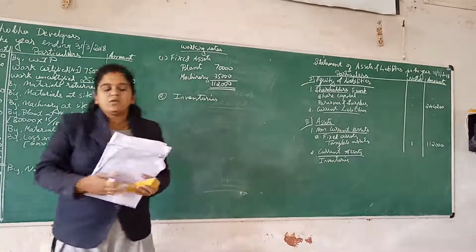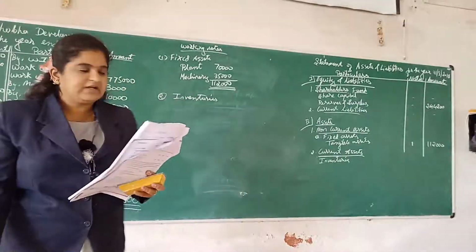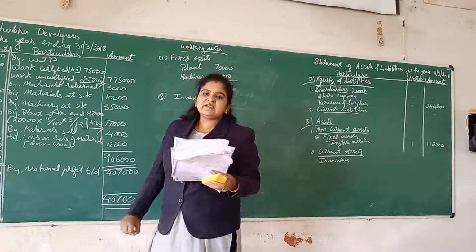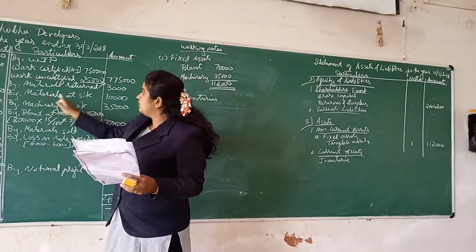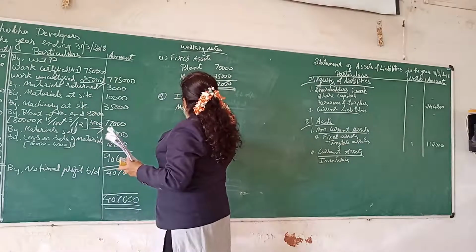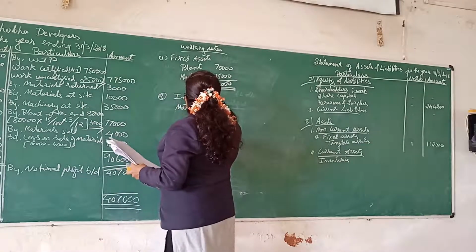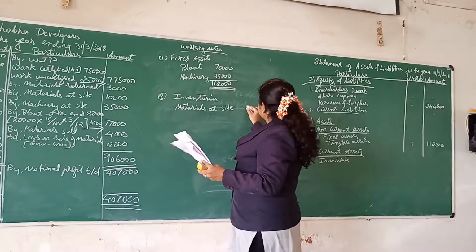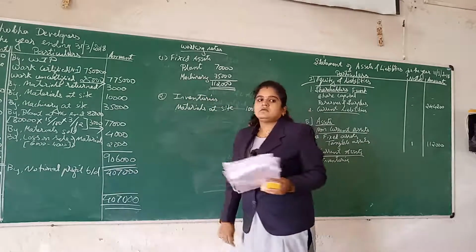Okay, now under inventories, again go to the contract account. Wherever materials we see, it is materials at site. It means it is closing materials. Materials at site is 10,000 rupees.